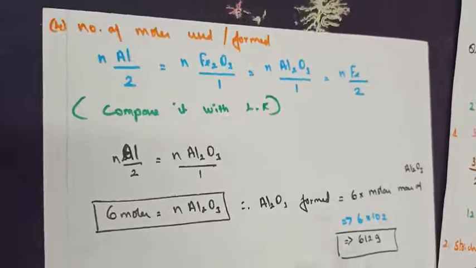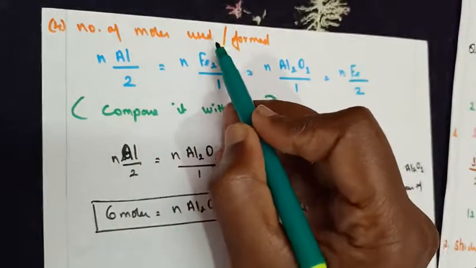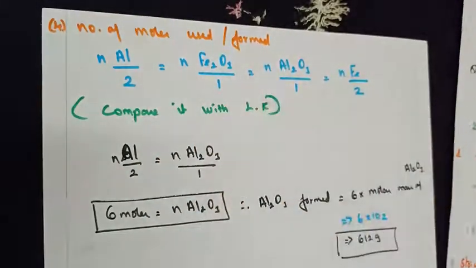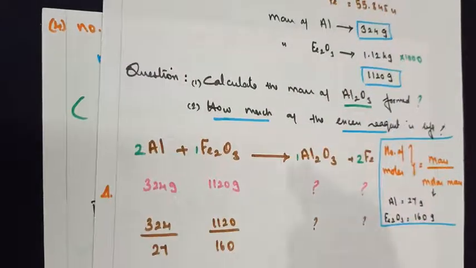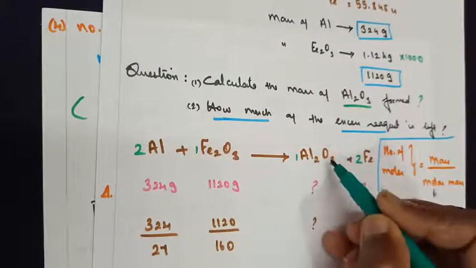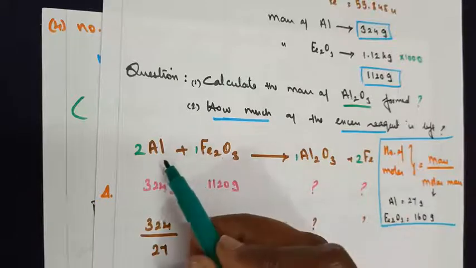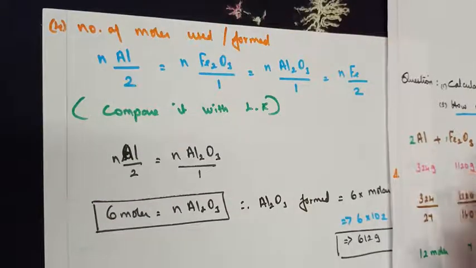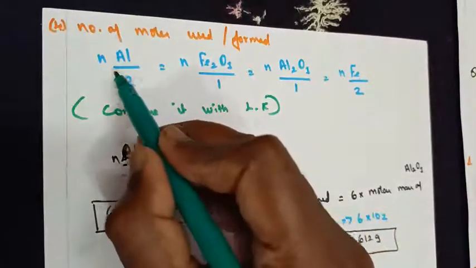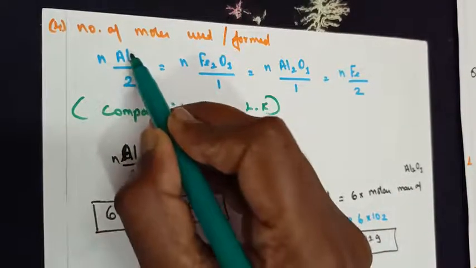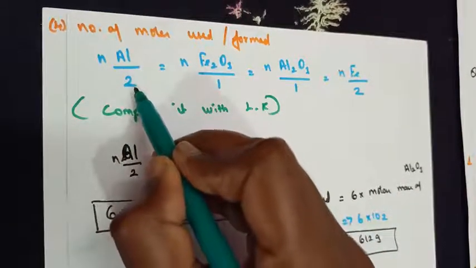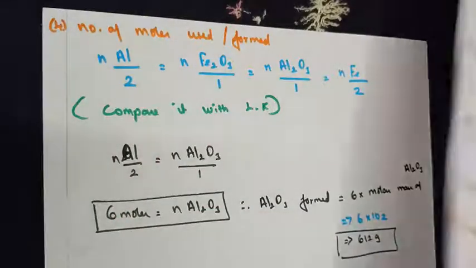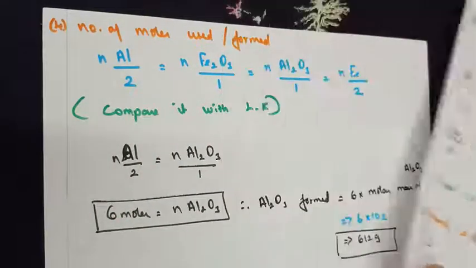So that's step number 4. Number of moles used or number of moles formed. Formed when you are finding it in terms of product; used when you are finding it in terms of the reactants. As I told you, write down number of moles of aluminium by 2, where 2 is the stoichiometric coefficient of aluminium.